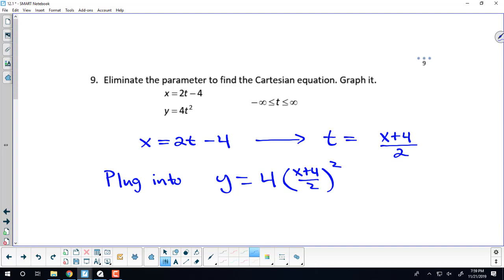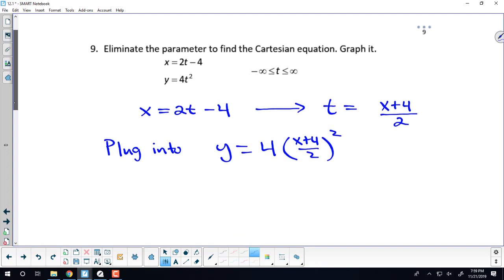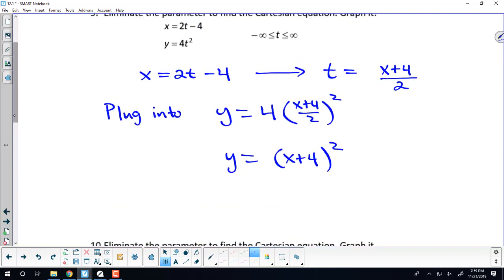So what are we going to get there? Quadratic? Yeah, quadratic. It's x squared. So the 4's cancel out, and we just have y is x plus 4 quantity squared. So that's just our quadratic that's shifted to the left 4 units.